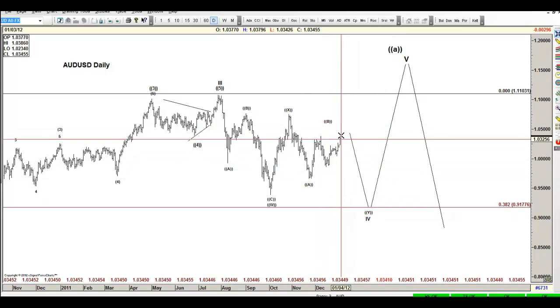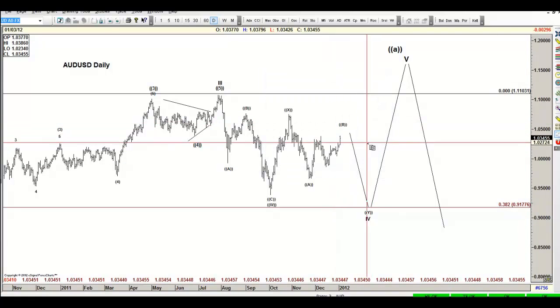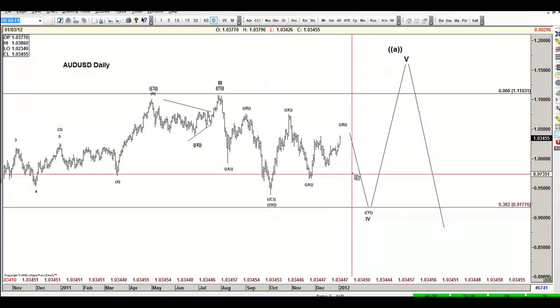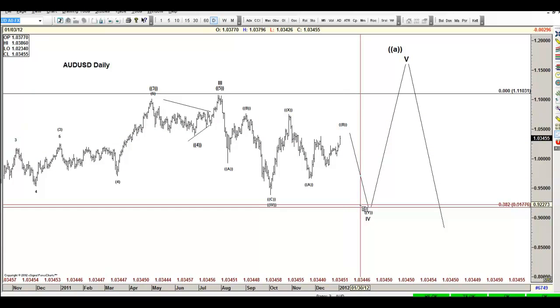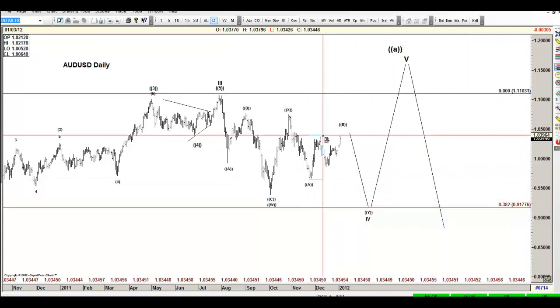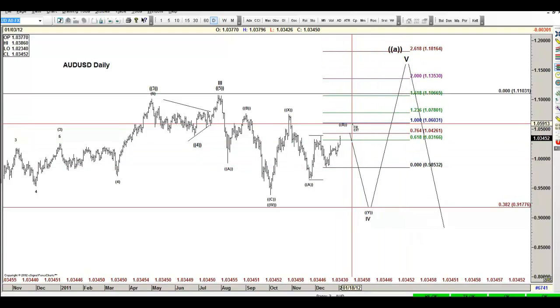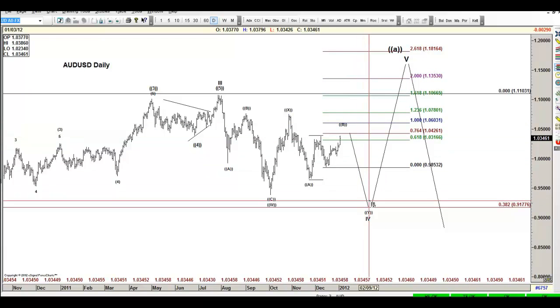That was the move that we were trying to catch. I believe that we are in the B wave here, and then Aussie is going to trade lower from around 106, in the equal legs here, most likely 106. Aussie is going to trade lower from 106 to 91.